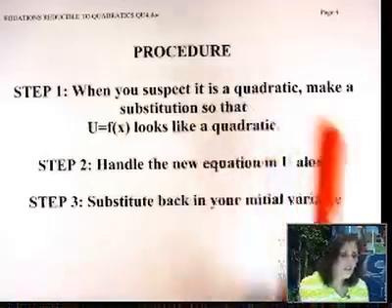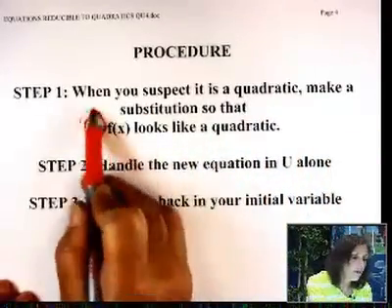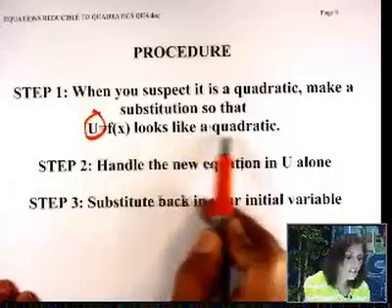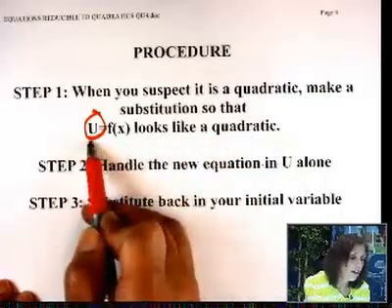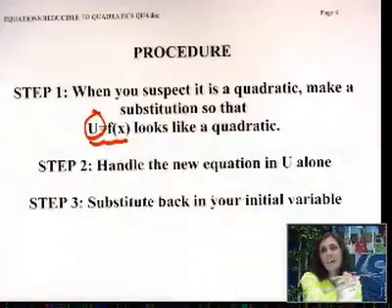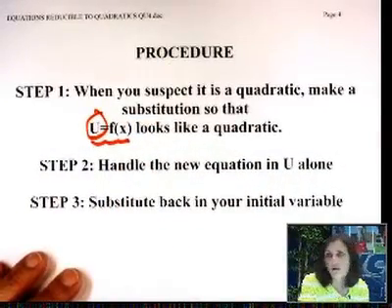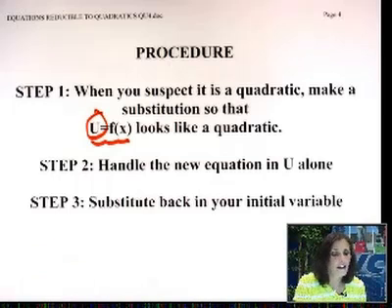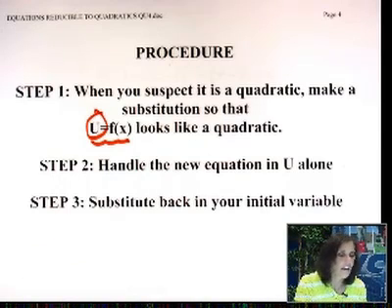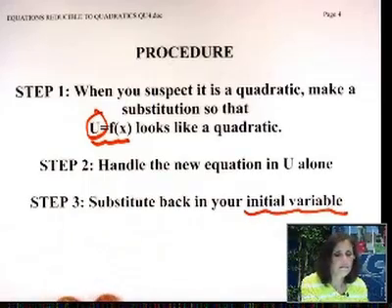When you suspect it's a quadratic, make a substitution so that u equals something and it looks like a quadratic. And this f of x is like any function of x. Handle the new equation in u alone, and then you substitute back to your initial variable, which is probably an x or a t. So what does that mean?